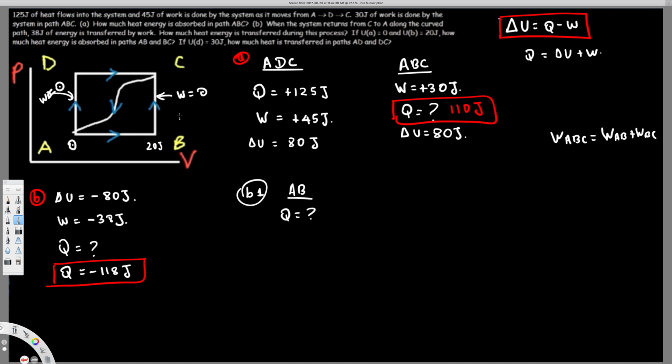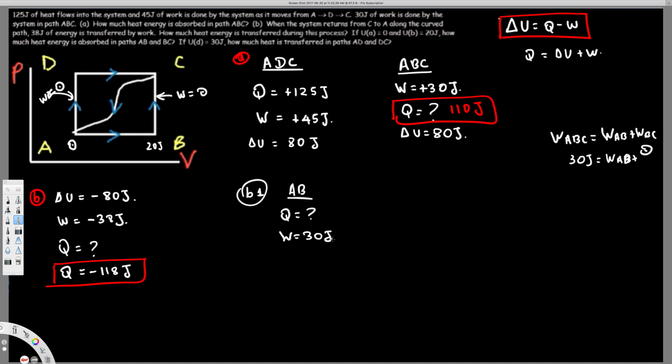We know that BC is going to be 0 because since the volume is constant, the work is 0 at BC. So ABC is 30 joule. Therefore, WAB is going to be also 30 joule, because WAB plus 0 does nothing. So we know that work at AB is going to be 30 joule, right?